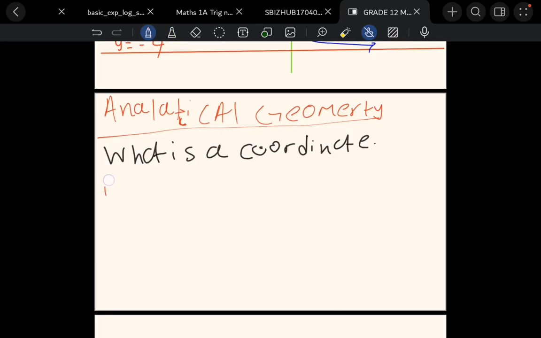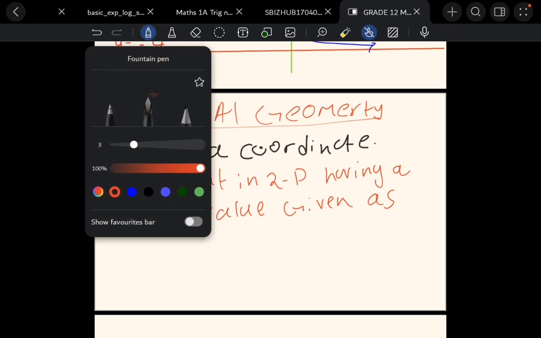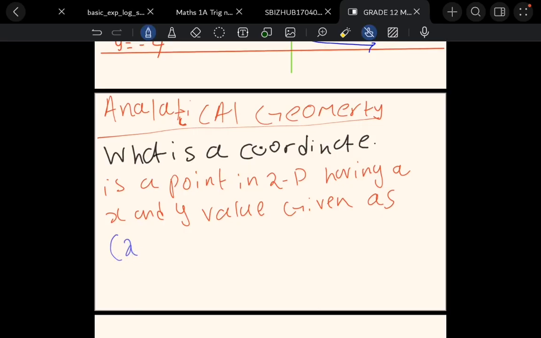A coordinate really is a point in 2D having x and y values, given in the form (x, y). So this is a coordinate, right?